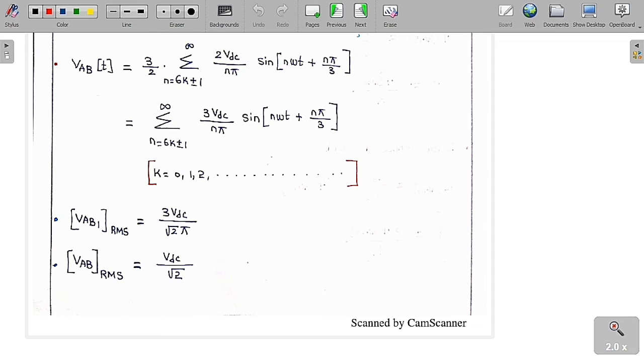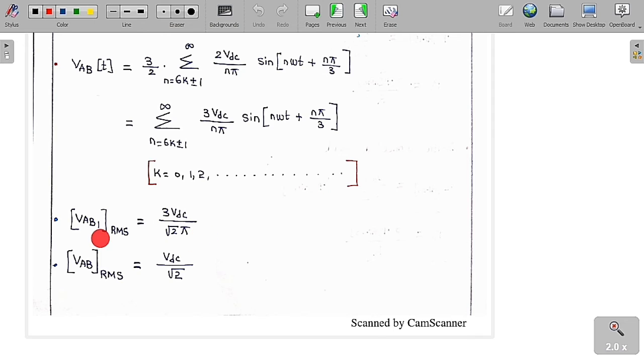This simply indicates that there are no 3n odd harmonics in this equation, where k is equal to 0, 1, 2 up to infinity. So 3n odd harmonics are absent in both the phase voltage and the line voltage.